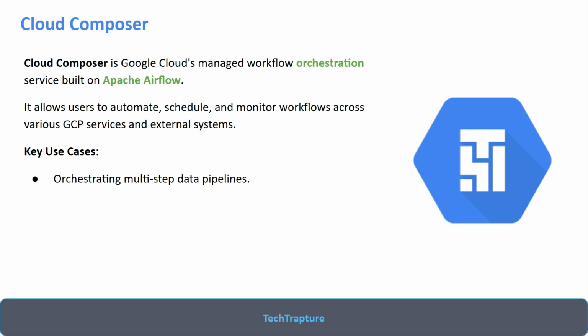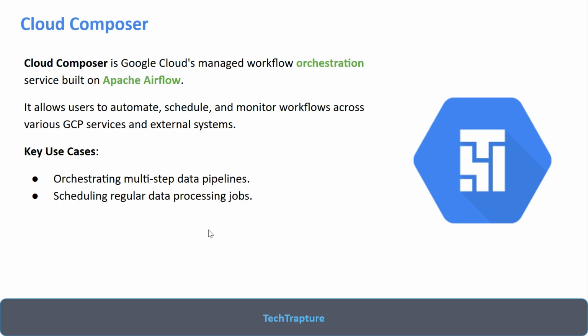If the file is available, only then will it trigger a Dataflow job. If the Dataflow job is successful, only then will it trigger a query. If the query process is successful, only then will it trigger the other operation. If it fails, you can define an operation for the failed job as well, what action you want to take once it has failed. Okay, all these things you can orchestrate in Cloud Composer or Airflow.